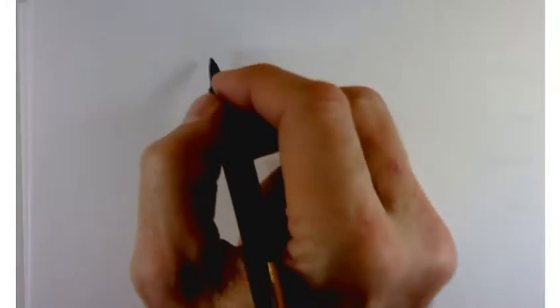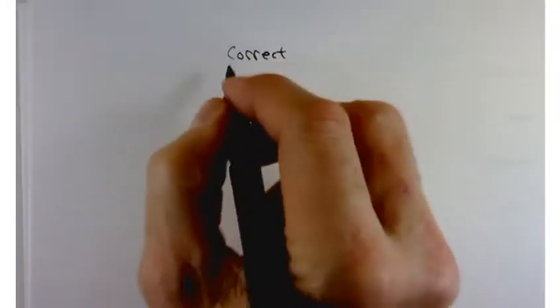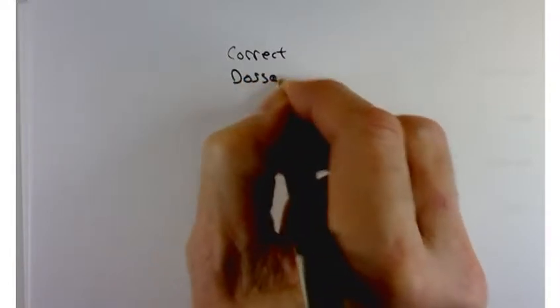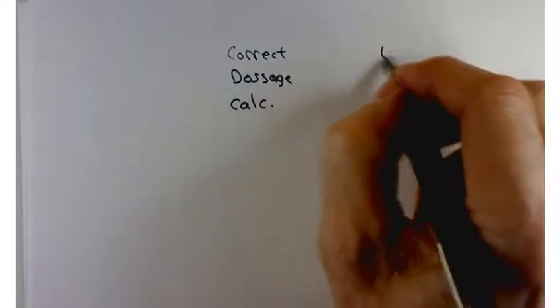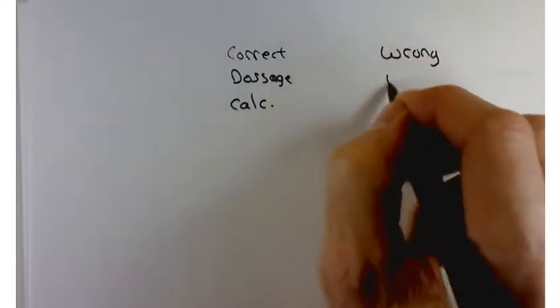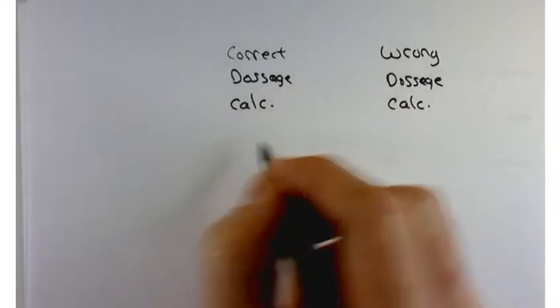Okay, so one thing I like about the author is that he pulls in a ton of real data. He must spend a lot of time collecting all of this stuff. And so let me copy down another table for us here. Correct dosage calculation and wrong dosage calculation.